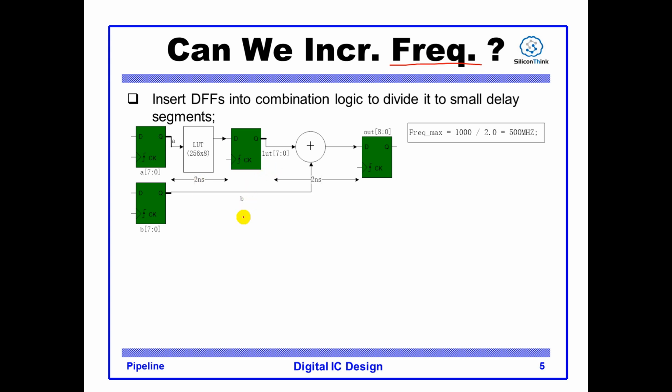So one method is to insert some DFFs between the combinational logic, then divide the large combinational logic into small segments, then each segment will have smaller combinational logic delay. So the key point is here. The register is inserted into the combinational logic, and we call this the pipe register.